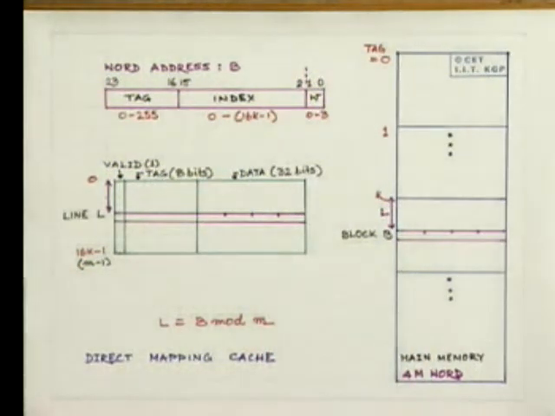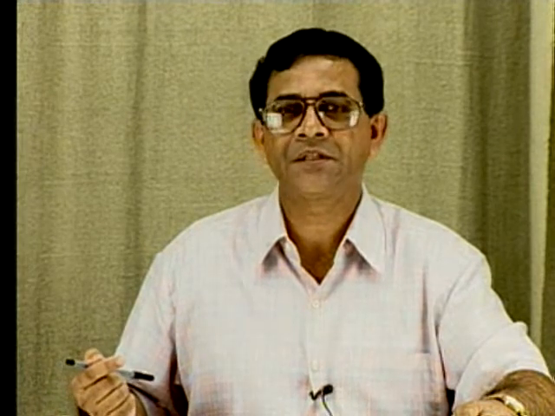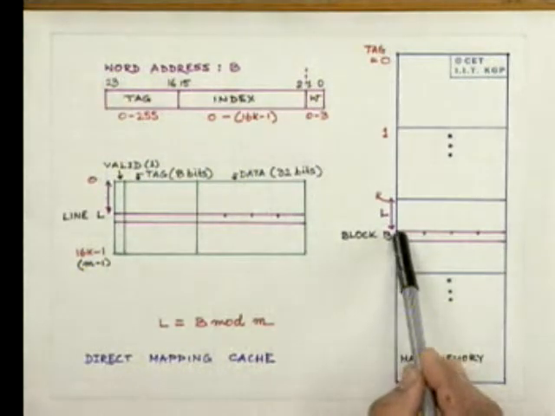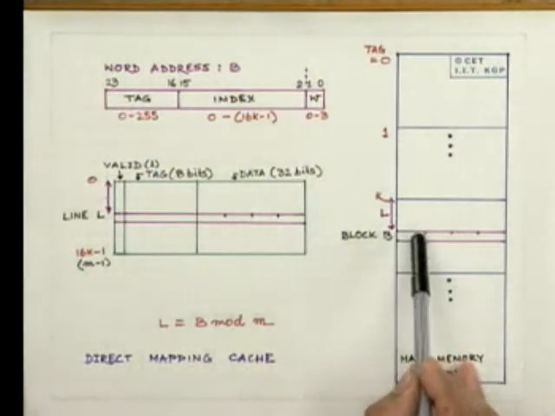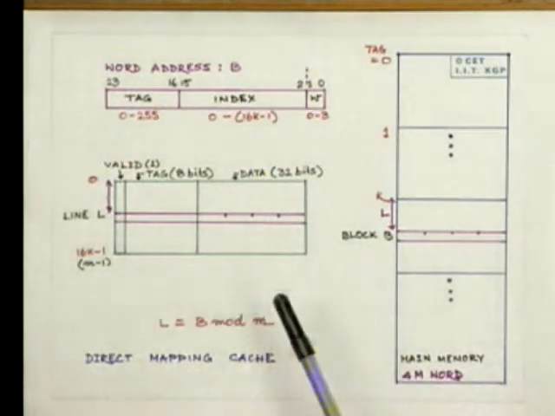Generally the computer will try to access one word consisting of 4 bytes, but if necessary, every byte can be read. In that situation, the main memory here is shown to be 4 mega words. Each 4-byte word is called a block, say block B.